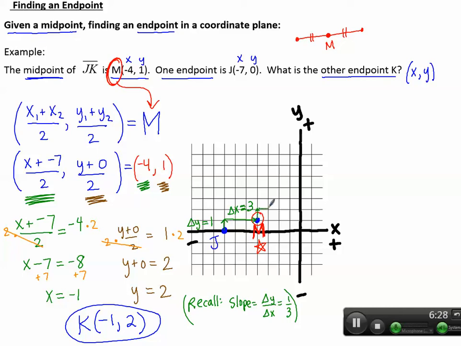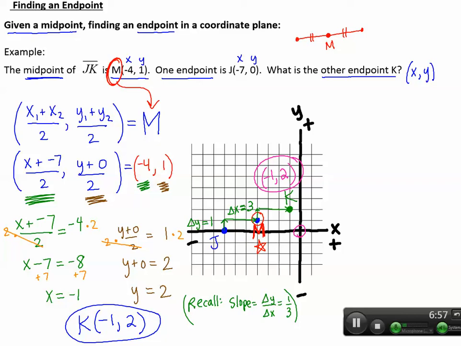Up 1, 1, 2, 3. Where do we land? Right here. That is point K. Now all we have to do is count from the origin to find where is point K. From the origin, we go left 1, so that's -1, and up 2, +2. So there is our other endpoint, K. Notice it's the same thing we got using the formula.